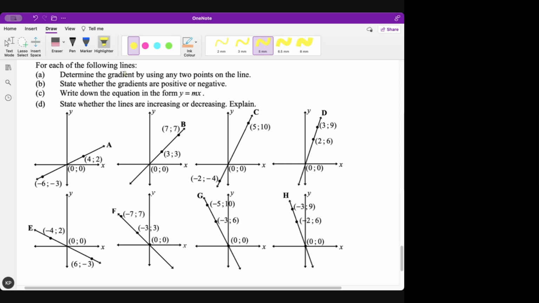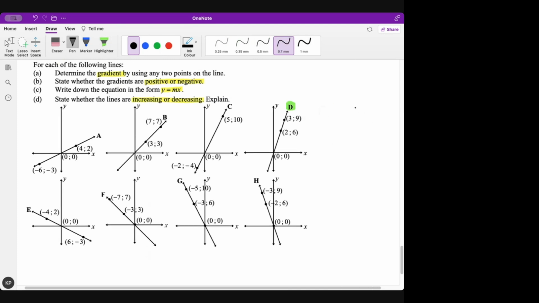So for each of the following, firstly find the gradient, state whether the gradient is positive or negative, write down the equation, and state if it's increasing or decreasing. And I want us to start off with D. Before we even figure out the gradient, I want you guys to tell me if the gradient is positive or negative before you even work it out. How do you know that, Marlene?